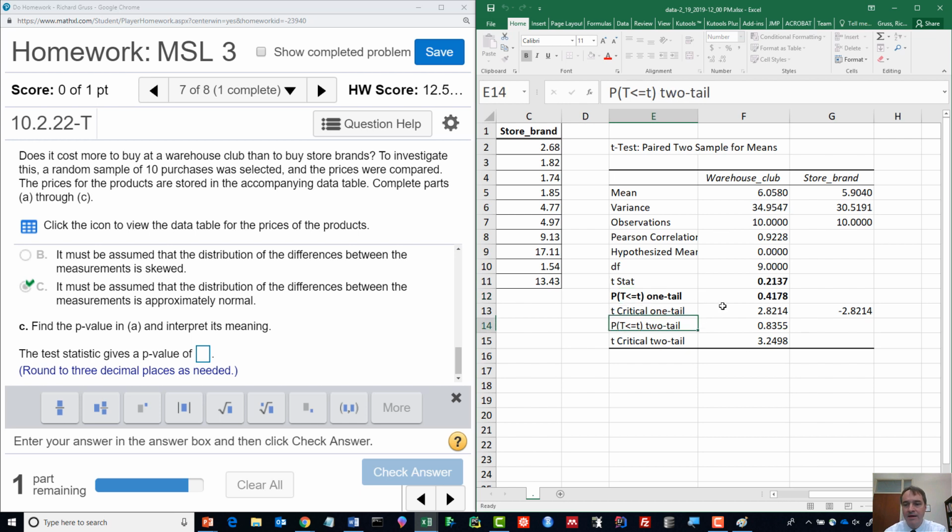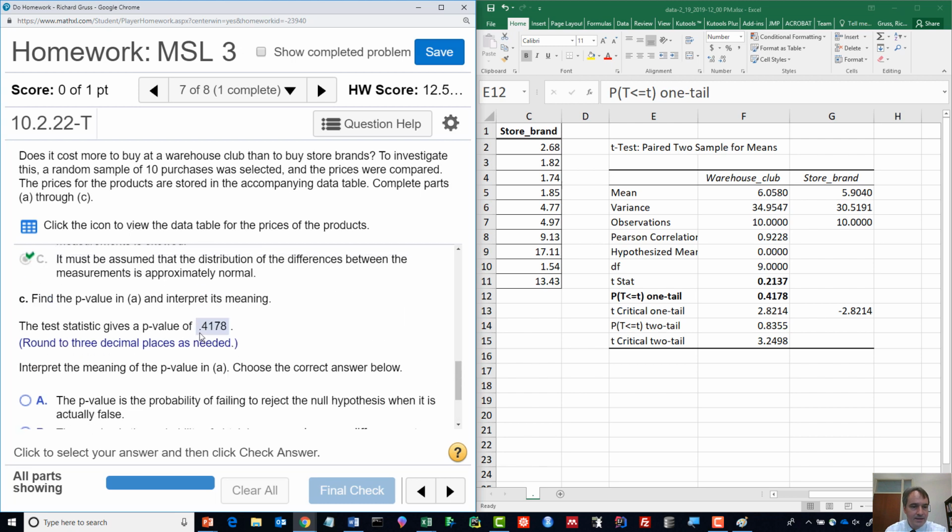So this is the p-value we're interested in, because in our particular case we're doing a one-tailed test. We're also given a p-value for a two-tailed test, but we're only interested in this case right here. For a 0.05 level of significance, with a p-value that large, we're going to fail to reject.